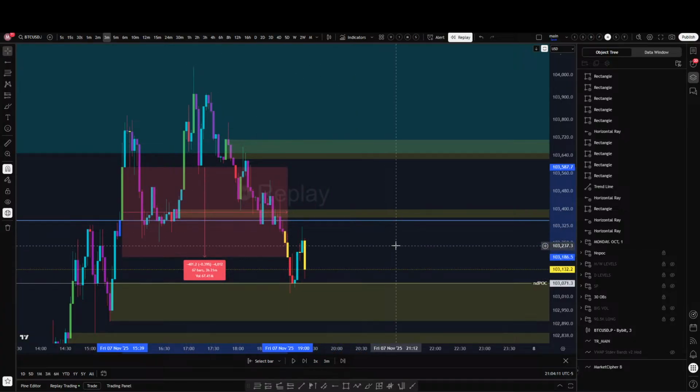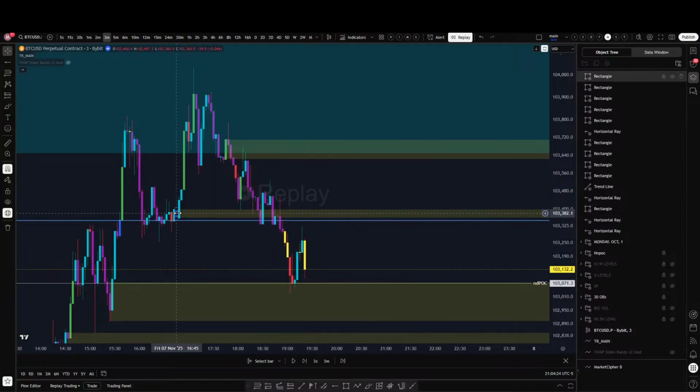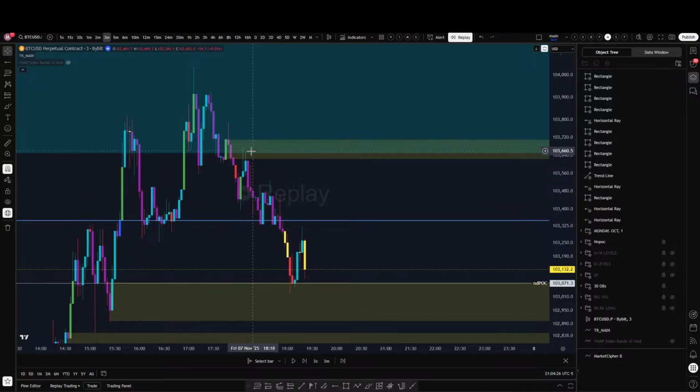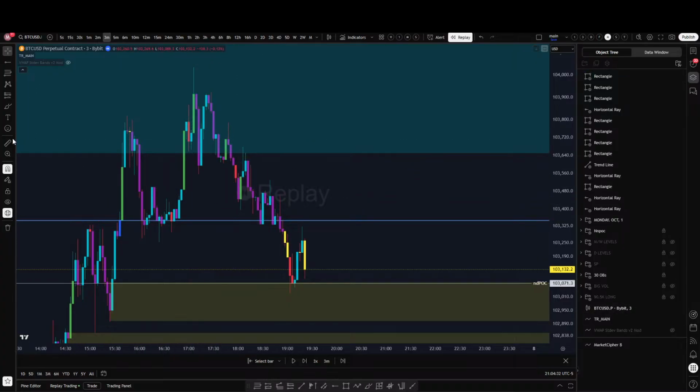So you had to wait 3 hours and 21 minutes for that idea to play out, but nonetheless it did play out. Let's see if you had another trade here, because that was a nice trade. That was a respected order block on an early break.